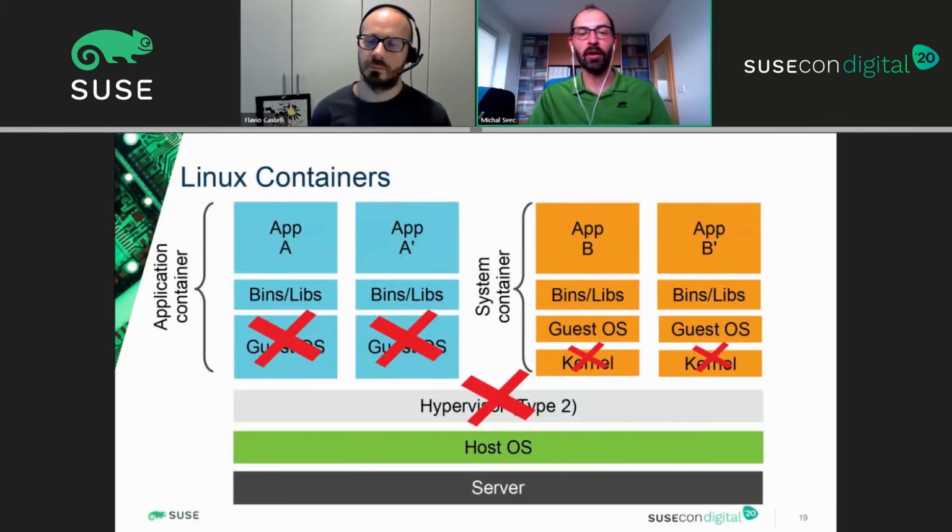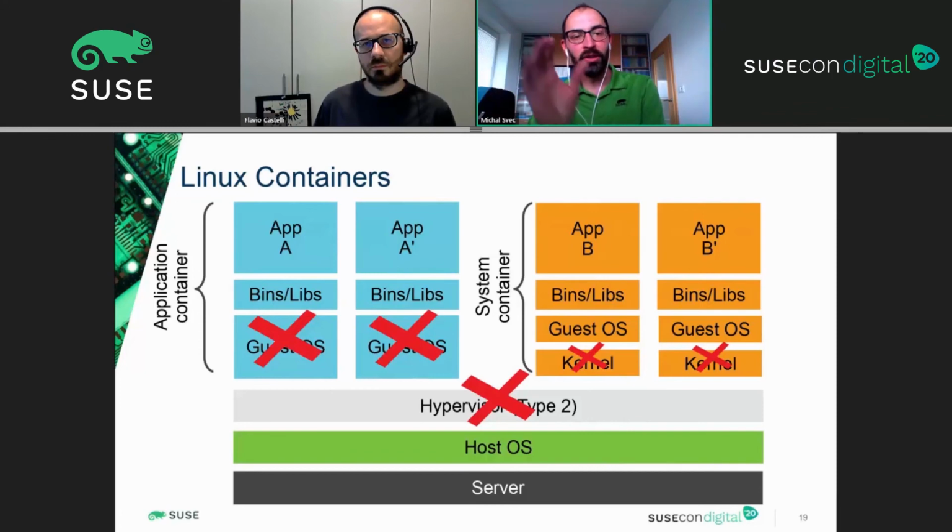Here is how it looks underneath. You can see the hardware, host operating system, and virtualization usually has a hypervisor layer and the individual VMs with kernel and guest OS and everything, binaries, libraries, applications, everything included. System containers eliminate that intermediate hypervisor layer along with the kernel, and application containers go even further.